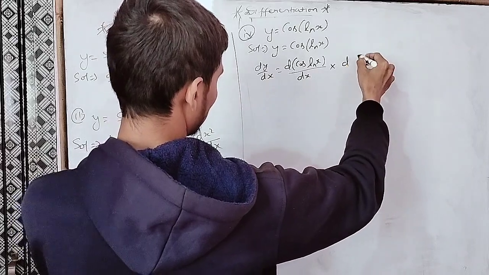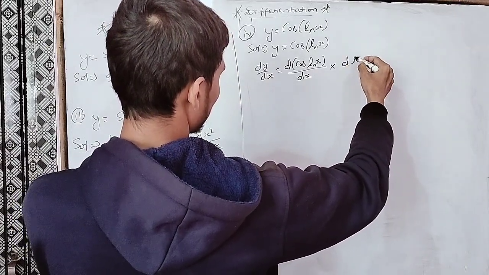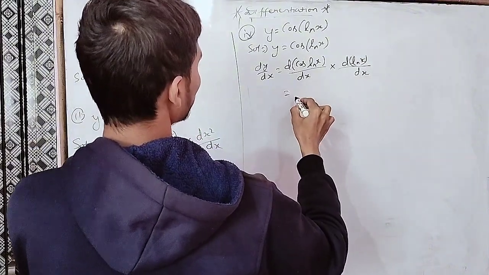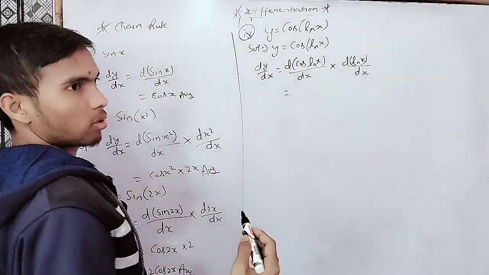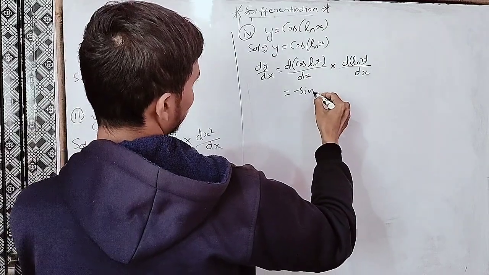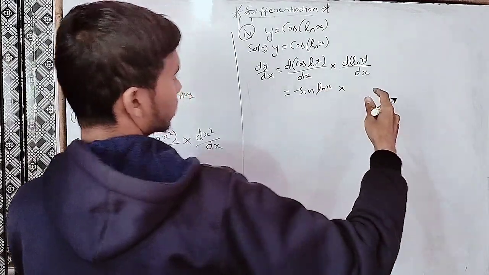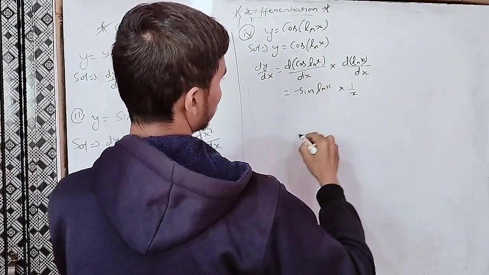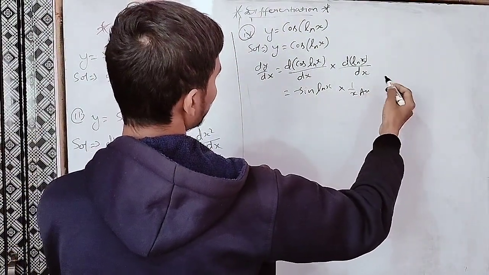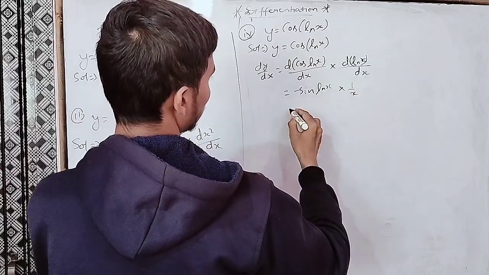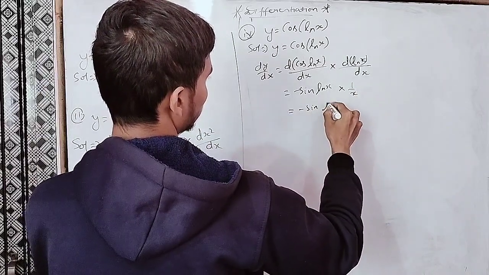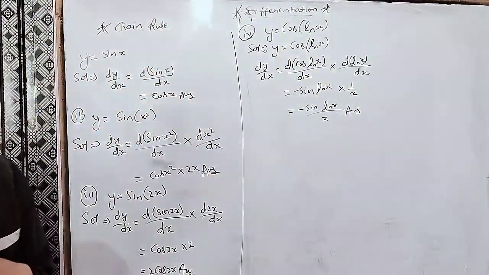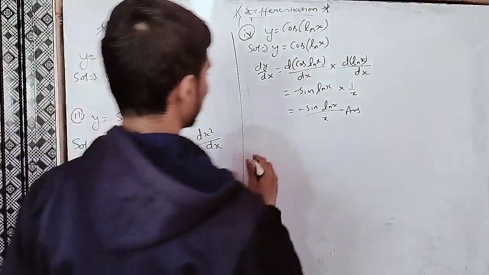Then we have ln x. So derivative of cos is, of course, minus sin, then differentiation of ln x is 1 by x. I think this is the answer. Otherwise, we can write it like that.